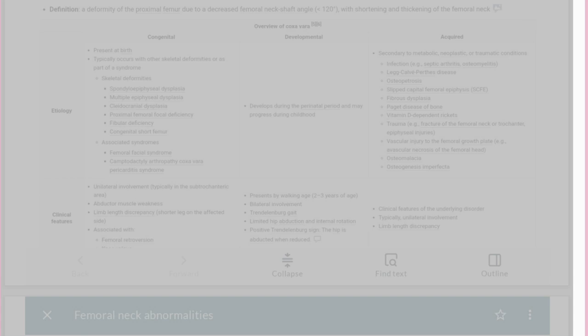Diagnostics: AP and lateral X-rays show a reduced angle between the femoral neck and shaft, a vertically orientated and widened physis, triangular-shaped ossification of the femoral neck, and overgrowth of the greater trochanter. Small fractures may be present medially.